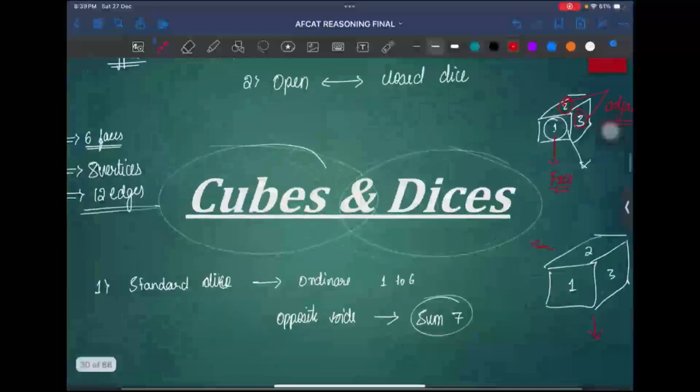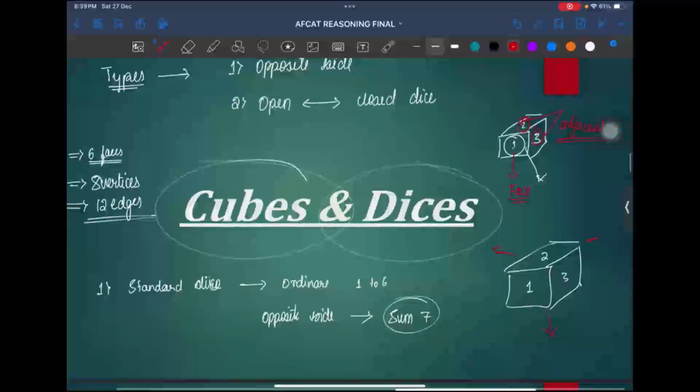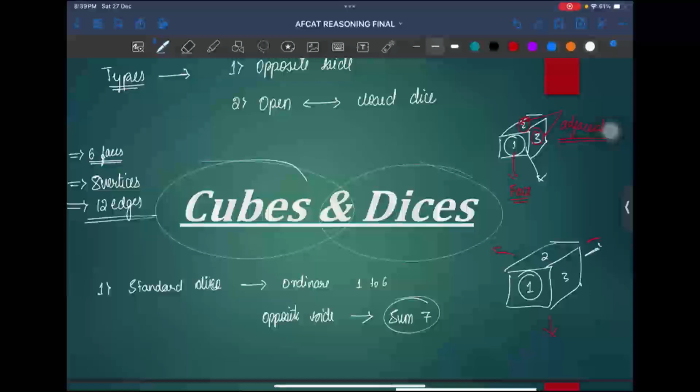So when it comes to the standard dice, take two opposite sides. For one, the opposite side will be this one, correct? When we add the first face and the opposite of one, we get 1 plus 6, which is equal to 7.